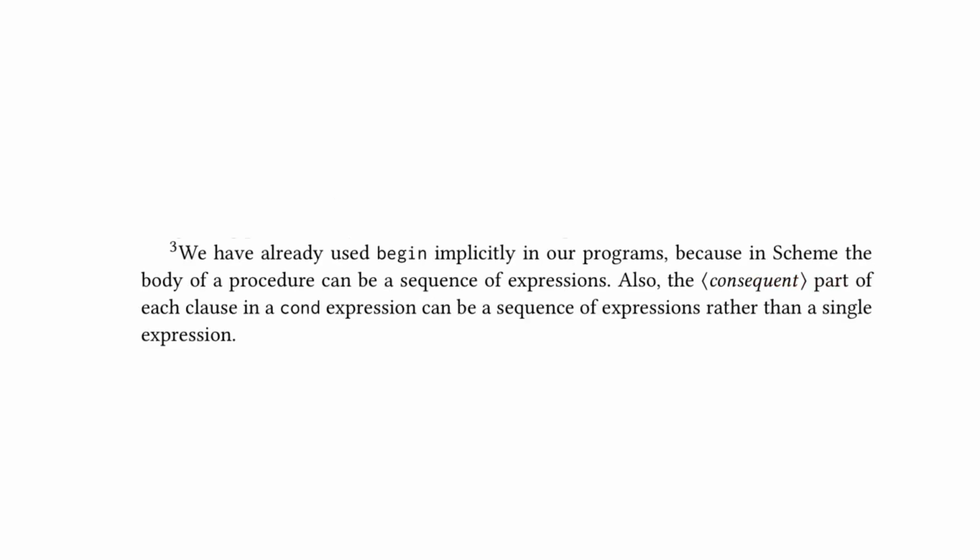The next footnote we are going to look at is footnote number 3, which states we have already used begin implicitly in our programs because in Scheme, the body of a procedure can be a sequence of expressions. Also, the consequent part of each clause in a conditional expression can be a sequence of expressions rather than a single expression.